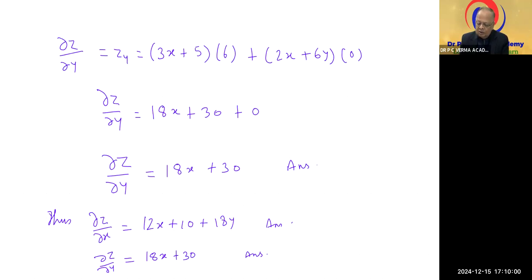In that equation, we will have 5 variables. Likewise, for multi-variable functions, you will find out partial derivatives in this way.